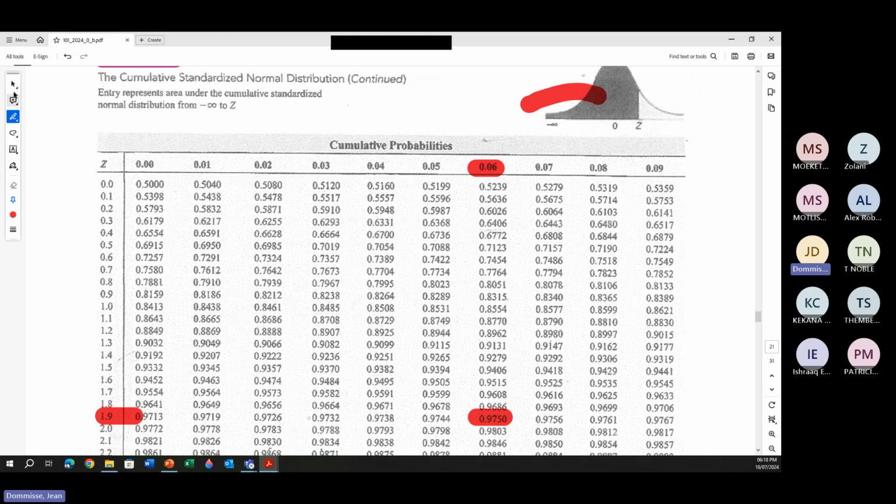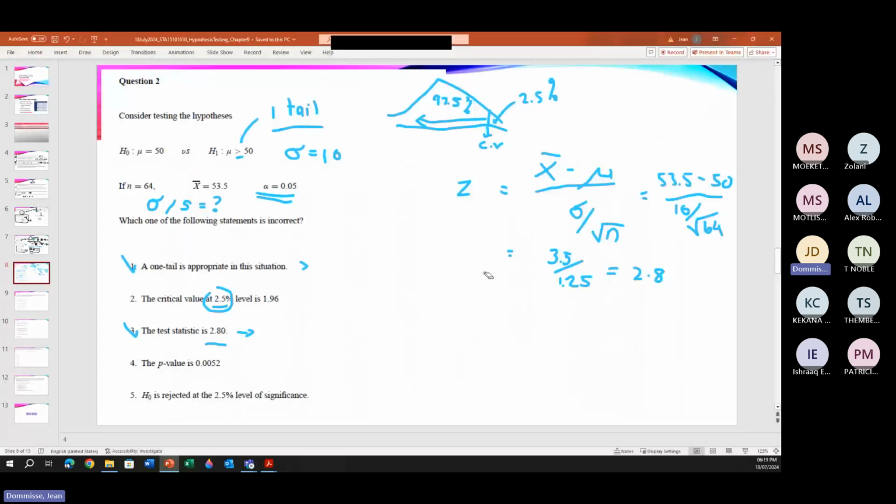Okay, so there we have that area. Let's quickly see if I can at least write something. So we said we're looking for 97.5%. That 97.5 is 1.96.